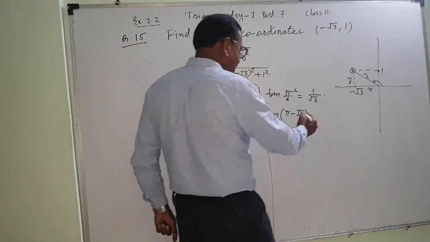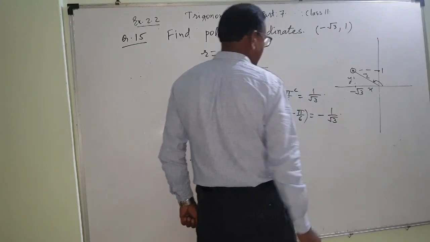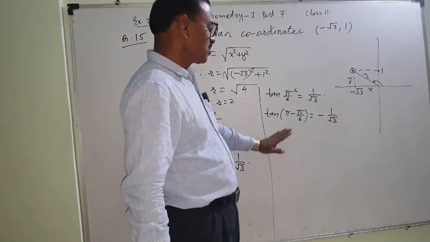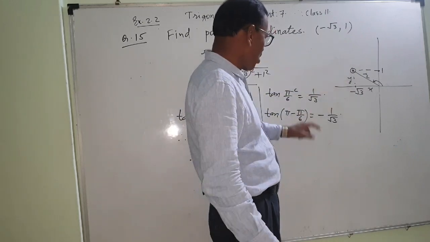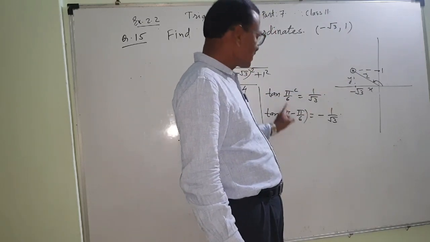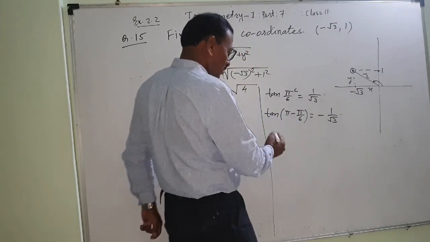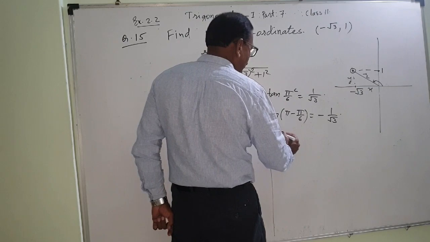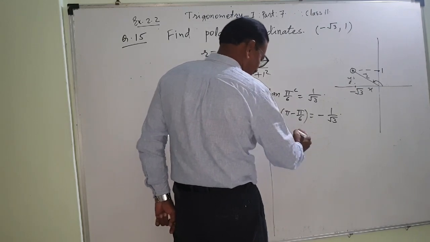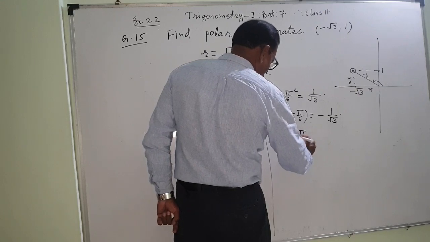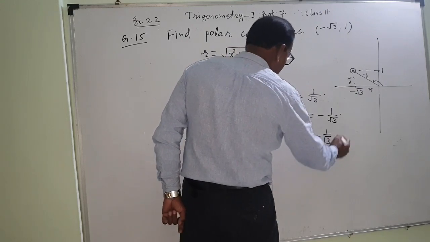In the second quadrant, it is equal to minus 1 upon root 3. Remember this. Pi minus something. How much do I have to subtract? Pi by 6, so that I will get the ratio negative. Therefore, tan of 5 pi by 6 is equal to minus 1 upon root 3.